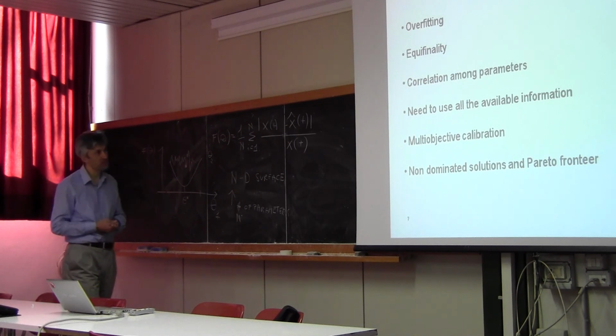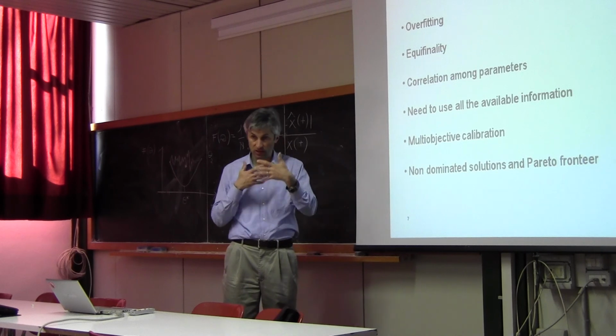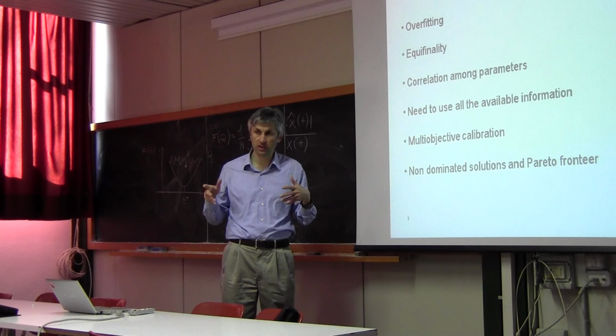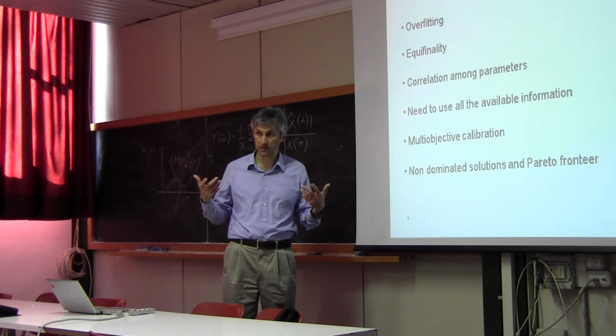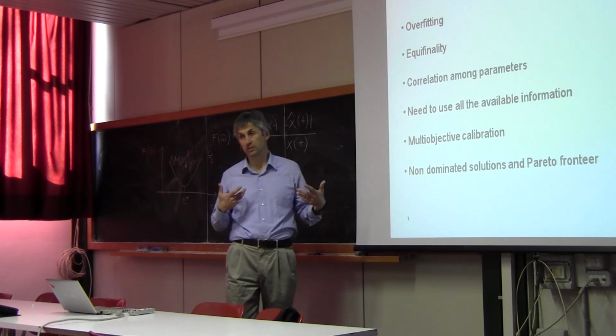For instance, instead of using only the hydrograph, instead of just matching the hydrograph, some people try to estimate the soil humidity, the soil water content, and match both hydrograph and soil water content.